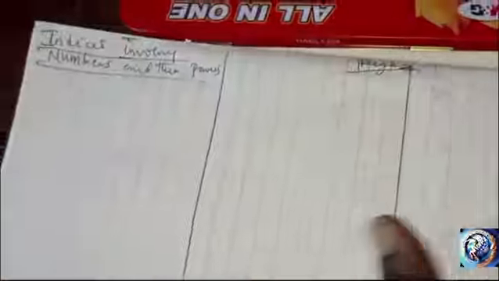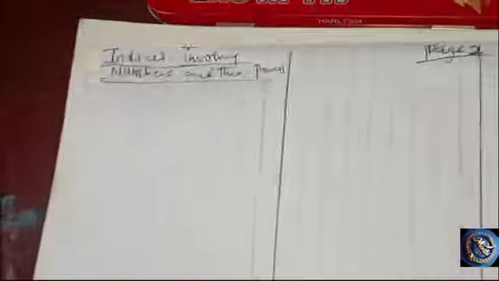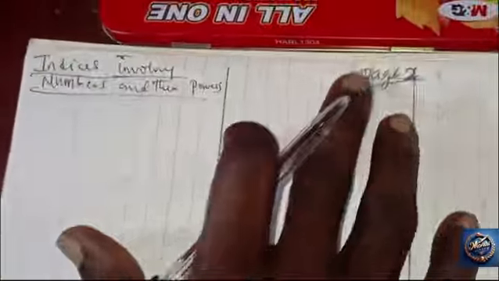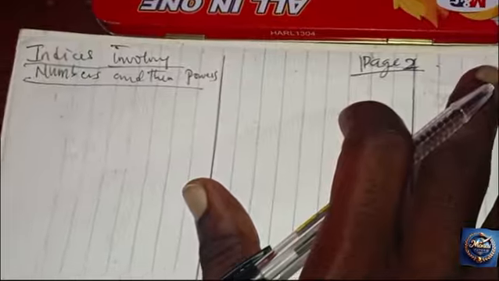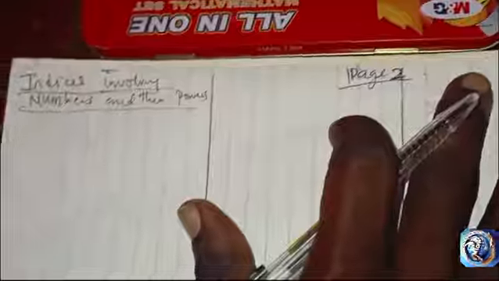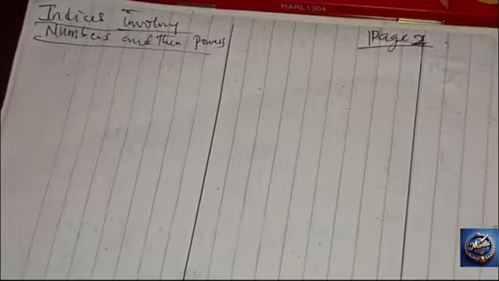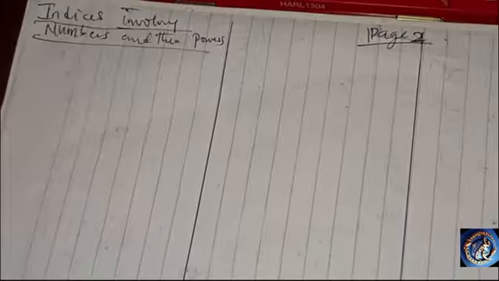So we are at the second part, which is applying the laws. Now we are going to apply the laws one by one. We are going to solve indices involving numbers and their powers. So I will take a NECO question, 2015, number 33.